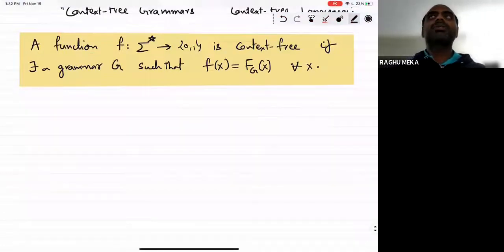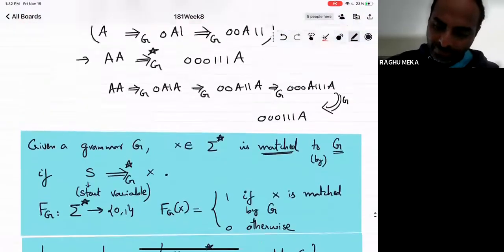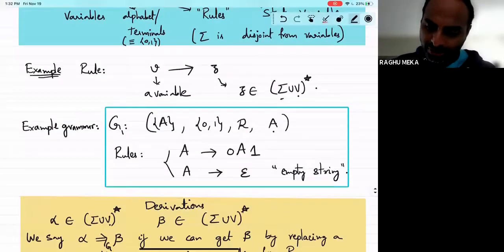All right, any questions about this model? Okay, so let's go back to the example that we had earlier. Let me copy it over here.